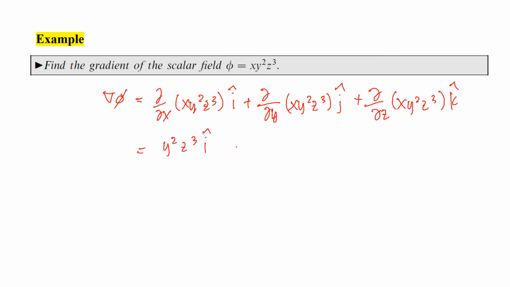Next, with respect to y, plus 2 x y z cubed j hat. And then we take the partial derivative with respect to z, so you have 3 x y squared z squared k hat. So this is the gradient of your scalar field phi, x y squared z cubed.